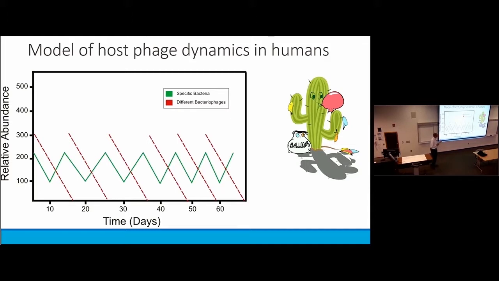And at this time, we knew that most of the bacteria that you have today are the same bacteria you're probably going to have in a few months from now, unless, for example, you take antibiotics or have some big disturbance. So I came up with this really simple model system for how I thought viruses probably behave in the human microbiome.